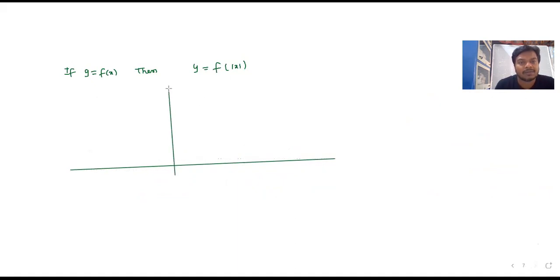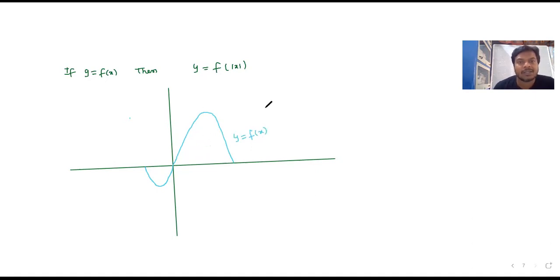For example, suppose the graph of f of x is like this, y equal to f of x.